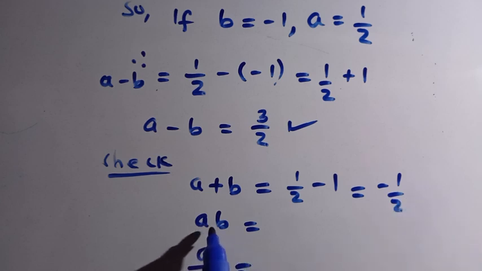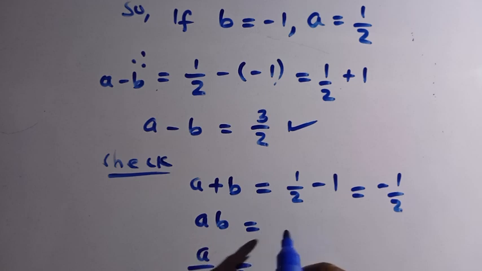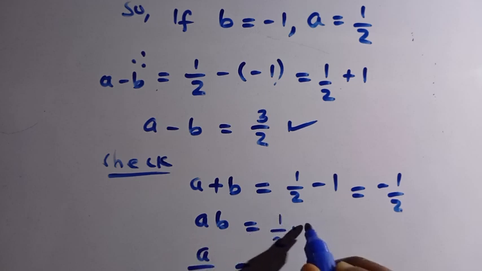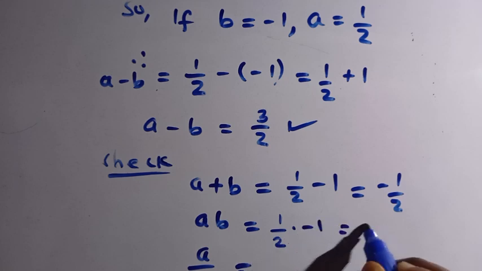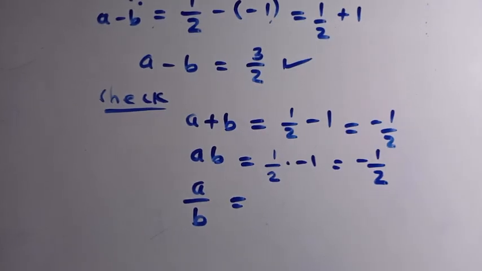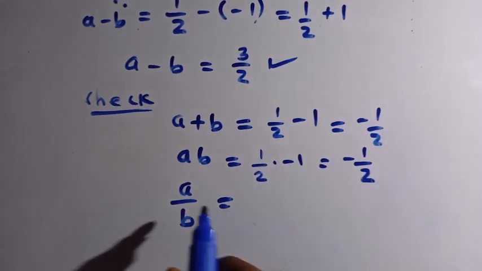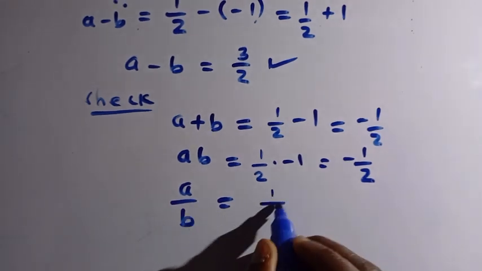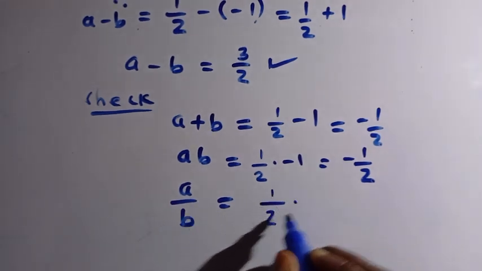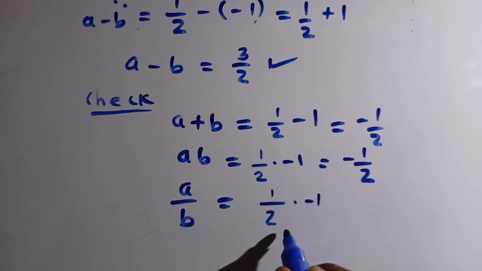And also for the product ab, we multiply a and b together. So we have a is 1 over 2 multiplied by minus 1, and this gives us minus 1 over 2. So that is also correct. And finally, for a divided by b, we have our a, which is 1 over 2, divided by b, which is minus 1 as well.